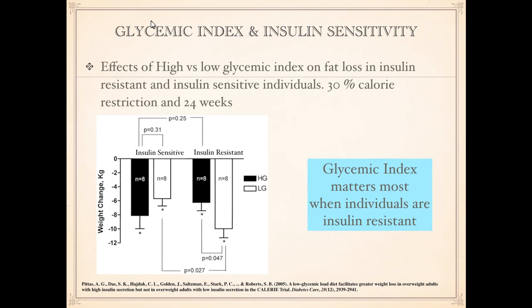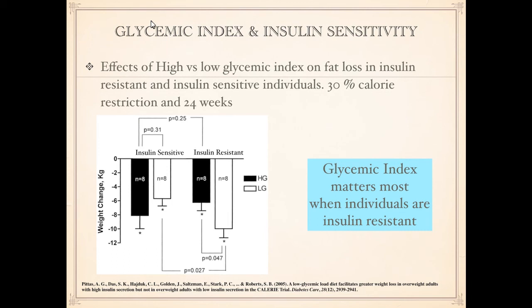And one thing I want to point out is that glycemic index will make a difference, in particular when you are insulin resistant. So here we have a study looking at essentially the effects of high versus low glycemic index on fat loss in insulin resistant and insulin sensitive people with a 30% calorie restriction. The black is the high glycemic and the white is the low glycemic.